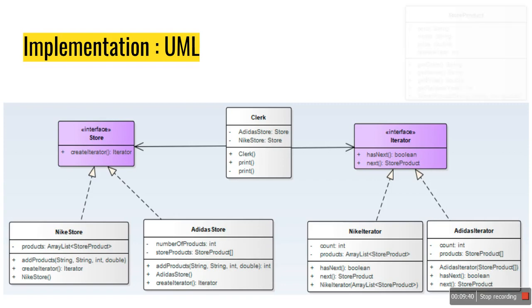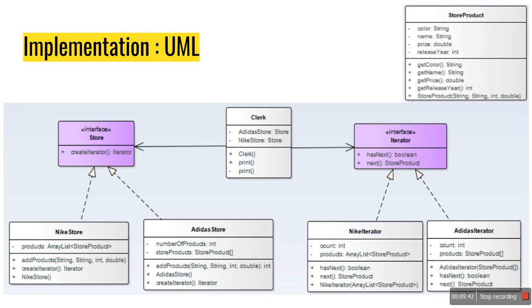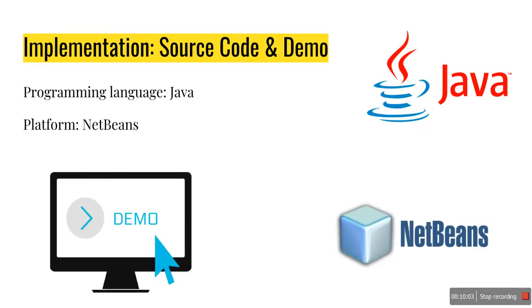In addition, we will have a store product, which is a class that defines our product, our shoe, and such class will have the very basics: a string, the name, the color, the price, the release, and the getters for these methods. This class is necessary in order for us to be able to implement this pattern. And finally the demo.